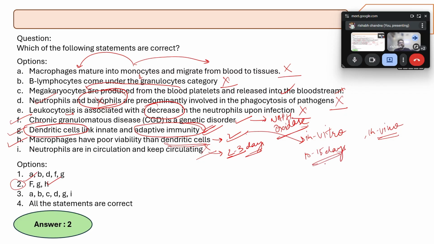So they remain in either the tissue or in the lymphoid organs based upon their function, right? The macrophages generally move into the blood and they move to different places. That means the dendritic cells grow very well in vitro as compared to the macrophages.